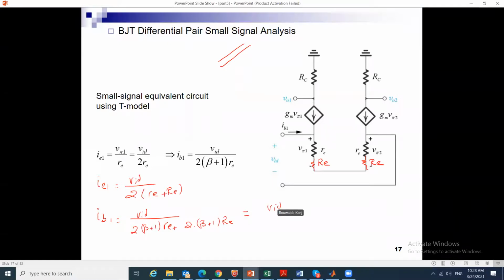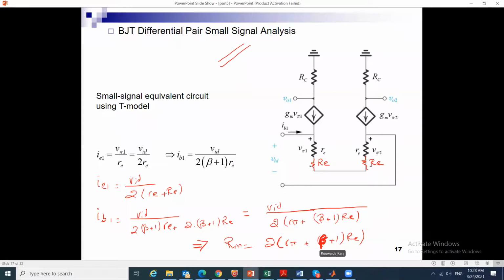So it will be equal to VID over 2 into R pi plus beta plus 1 times RE. Okay, and this will imply that the input resistance will be equal to 2 into R pi plus beta plus 1 times RE.